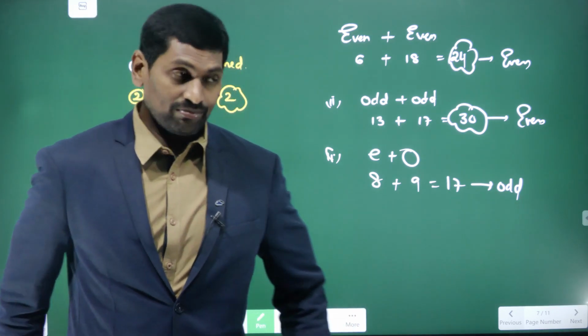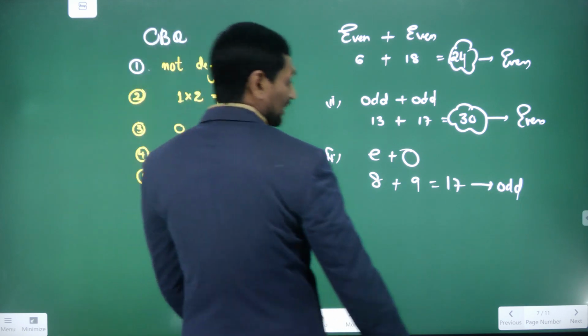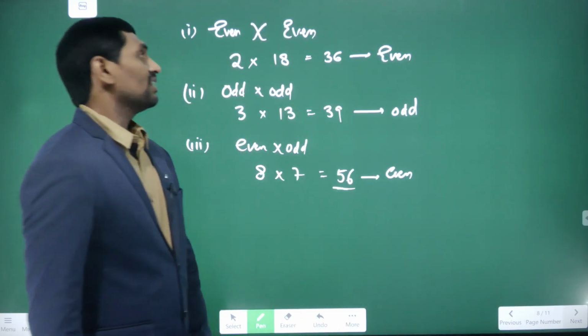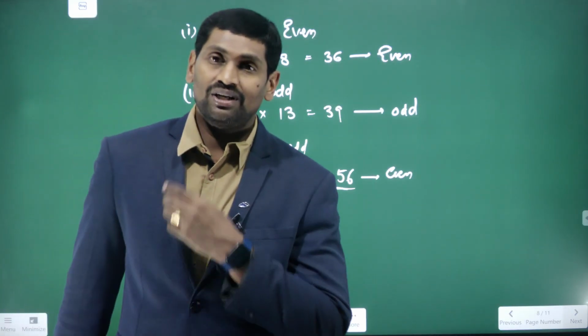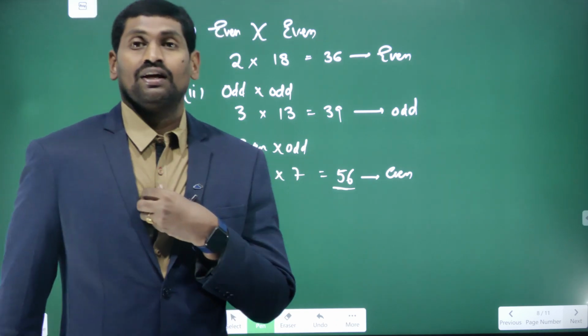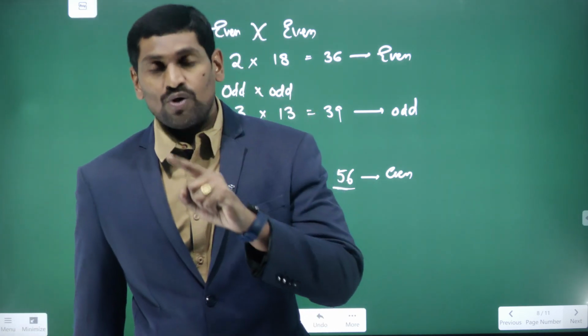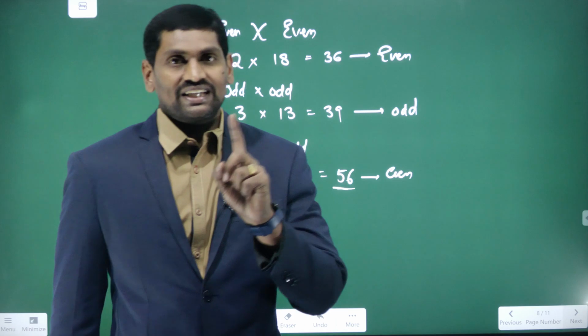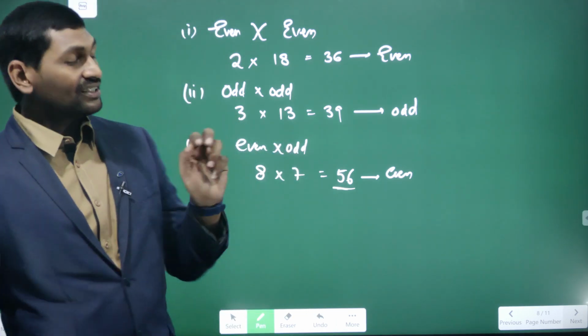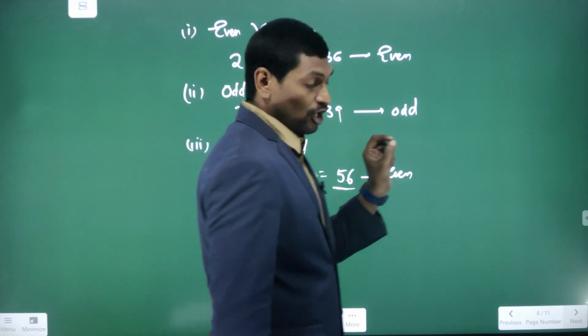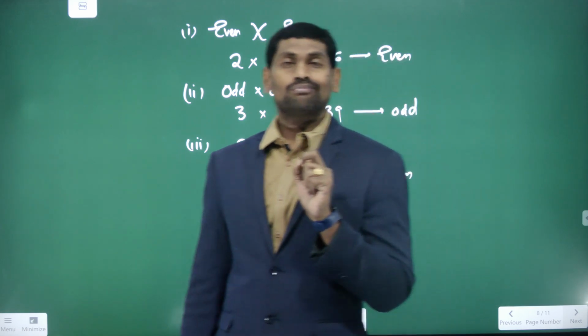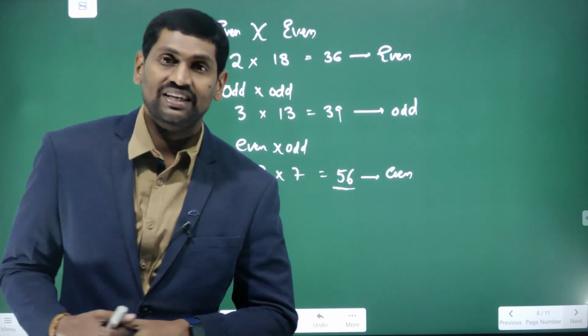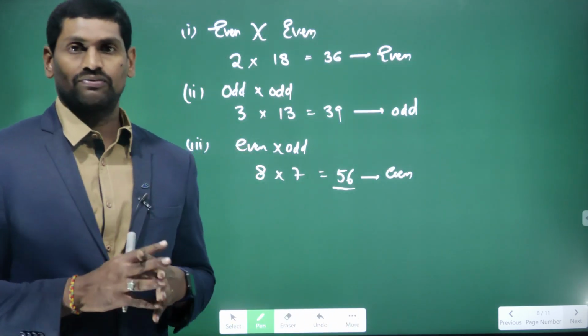Similarly, if you are using the multiplication symbol between them, product of two even numbers is even. One even, one odd, their product is even, but odd number and odd number, product of two odd numbers is an odd number itself.